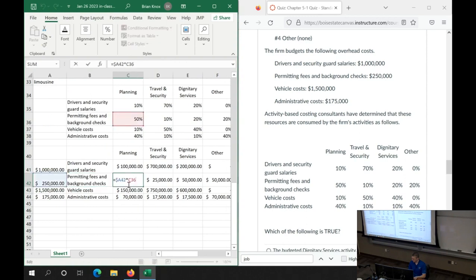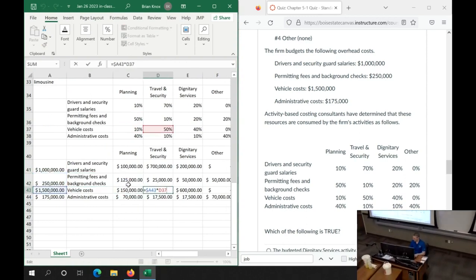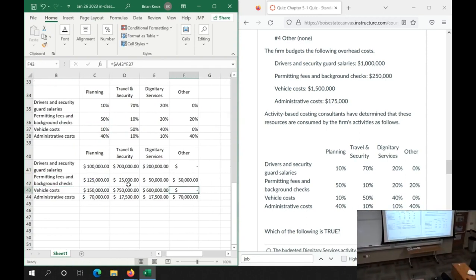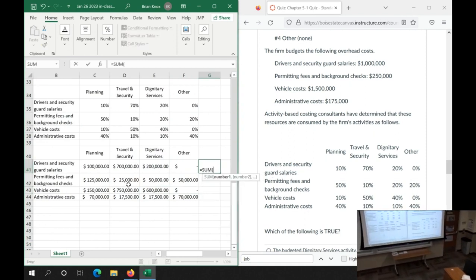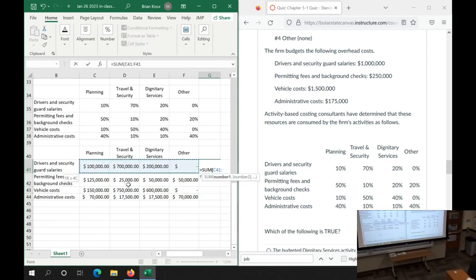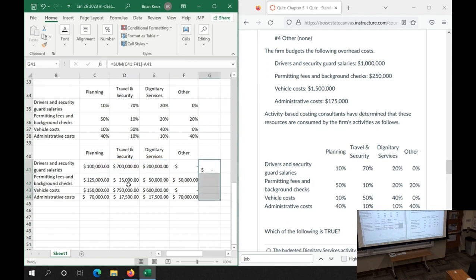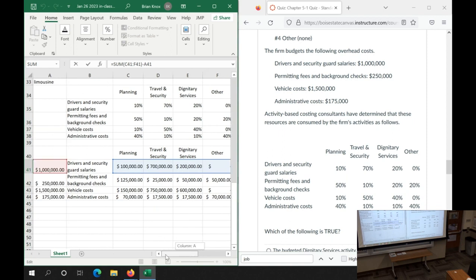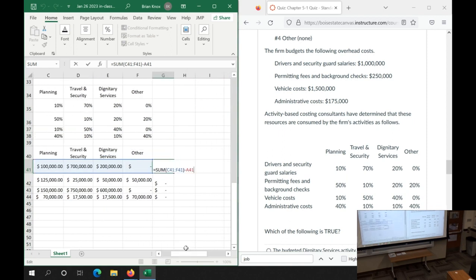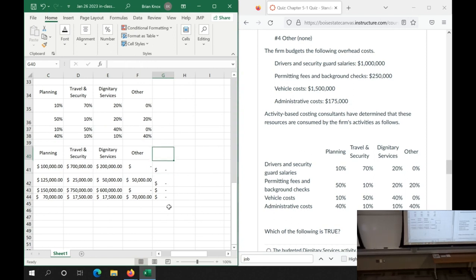Make sure it worked. Yeah, looks like it's feeding appropriately. And we can do a little check figure right there. That should be 0 on each row. The sum of all the stuff we divvied out minus what we started with should be 0. And it is.